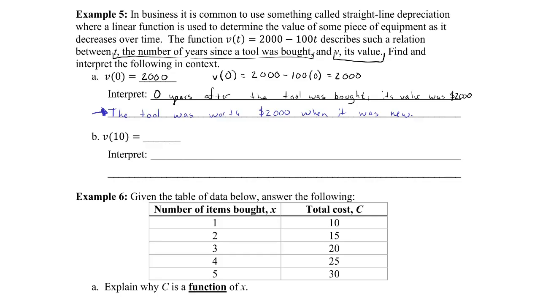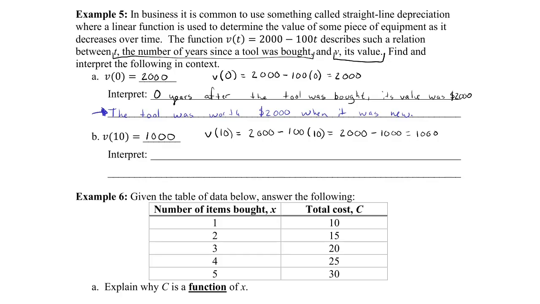Okay, v of 10. Right, that's 2,000 minus 100 times 10. 100 times 10 is 1,000. So this is 2,000 minus 1,000 is 1,000. v of 10 is 1,000.